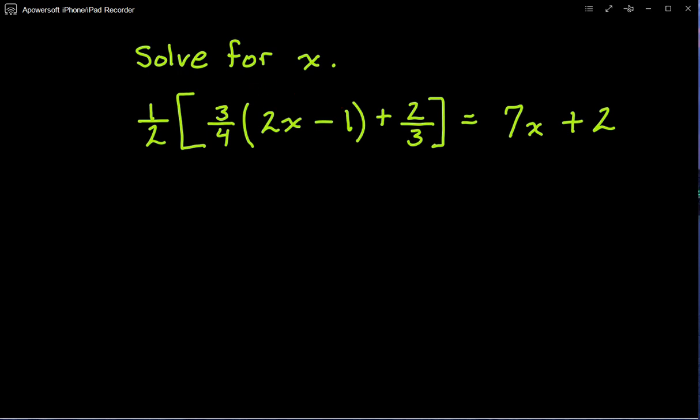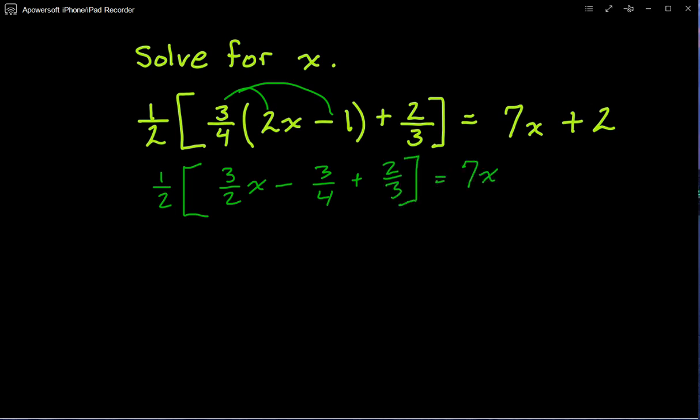We want to distribute this 3/4. The 1/2 that is located outside, we're going to leave that alone, as well as the brackets.